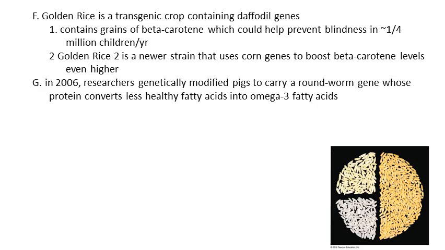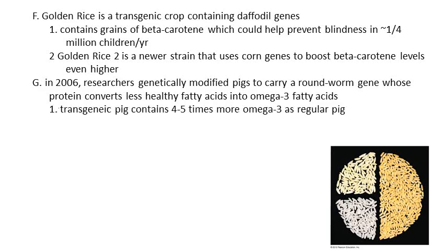In 2006, researchers genetically modified pigs to carry a roundworm gene, so that as the pigs were putting on tissue, this roundworm gene's protein would convert some fatty acids into omega-3 fatty acids.